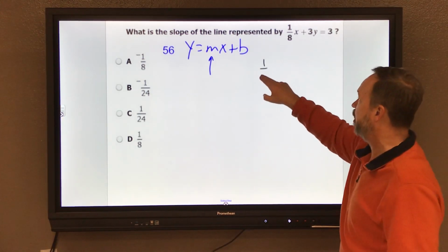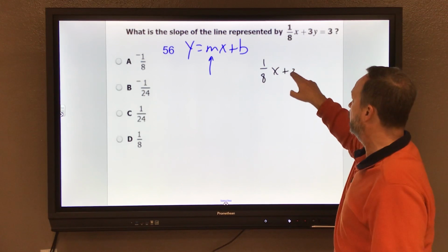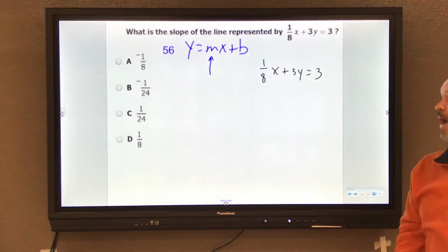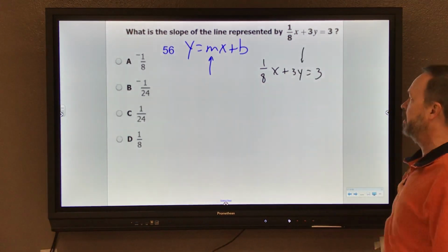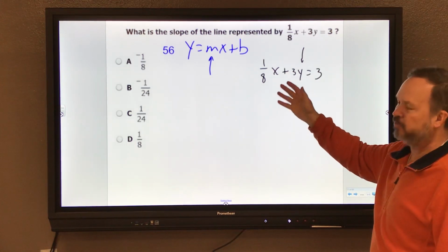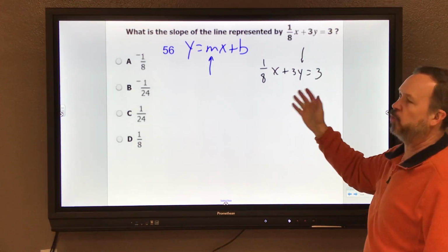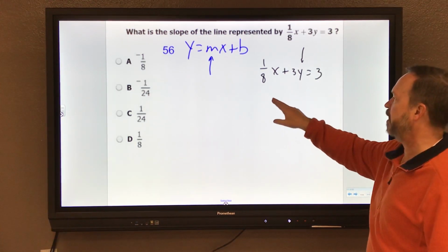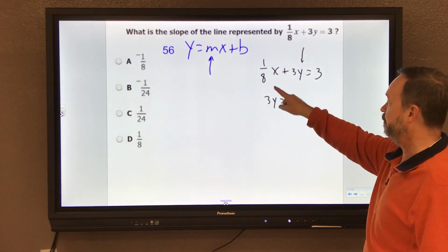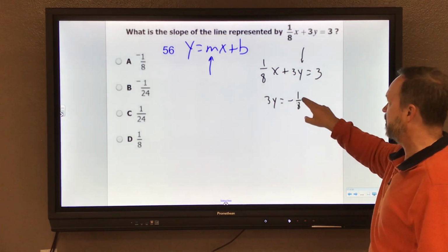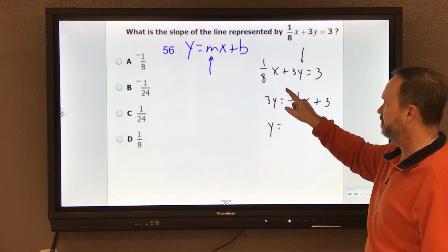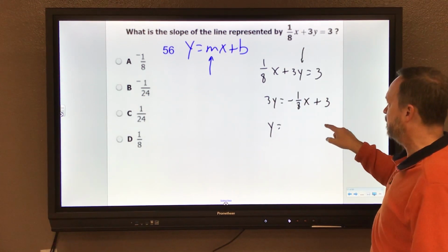I'm going to copy the problem. And I'm going to know that I've got to get y by itself. Now, I could make the fraction disappear because it's an equation with fractions, but probably what I'm going to do is, I might should have done that actually. I'm going to subtract 1/8 x on both sides. Then I'm going to divide by 3. Divide by 3, divide by 3, divide by 3.